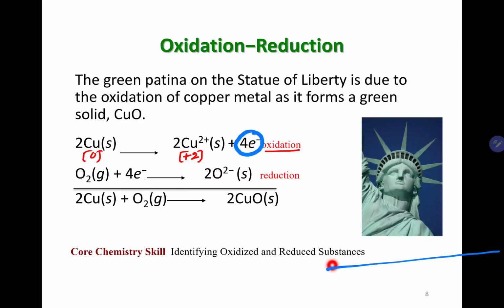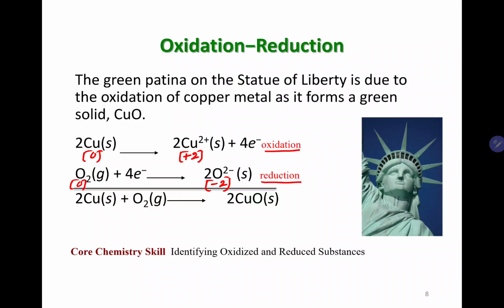And then consider molecular oxygen converting to oxide ion. The oxidation number for molecular oxygen is 0 and for oxide ion is -2, so the oxidation number is decreased in this half reaction. If the oxidation number is decreased, we call it a reduction.